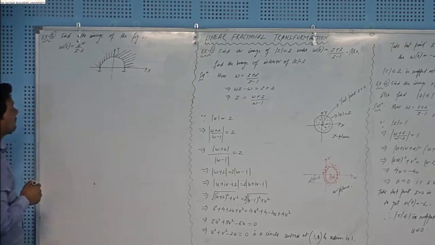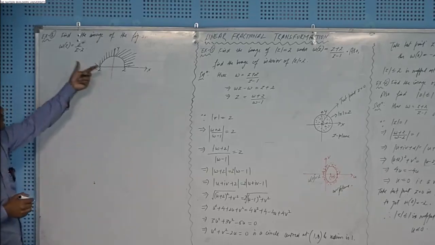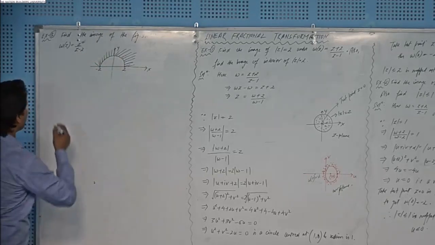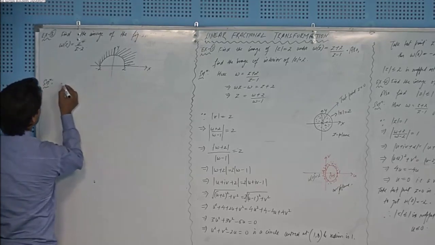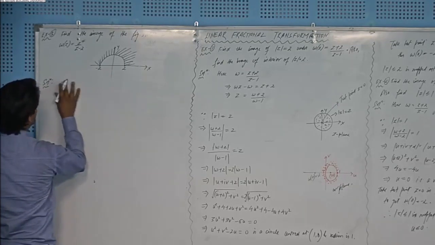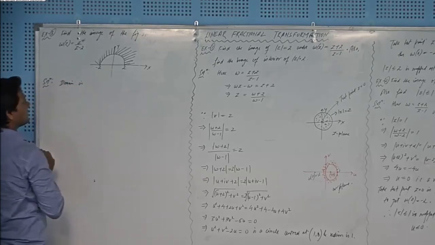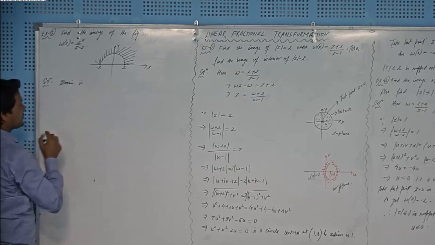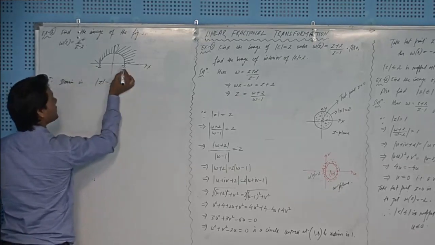Okay, first you have to express it in mathematical form because this is a figure. So I need to write the equation of this shaded region. Solution. Now first your domain is a part of a circle. I should write mod z equal to 2 because the circle is centered at origin with radius equal to 2.